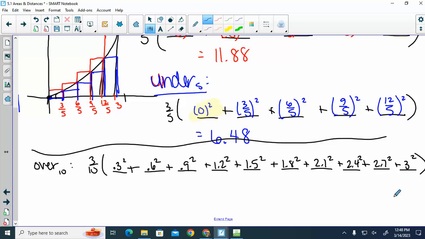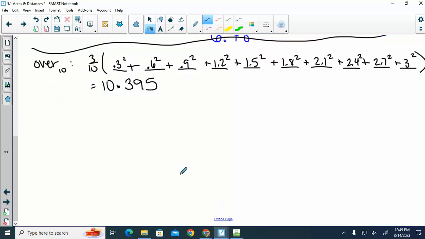Okay, so if I plug this in, we got 10.395. All right, so that's better.